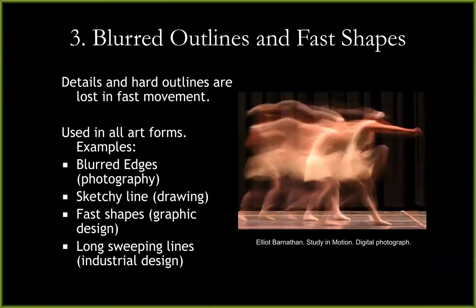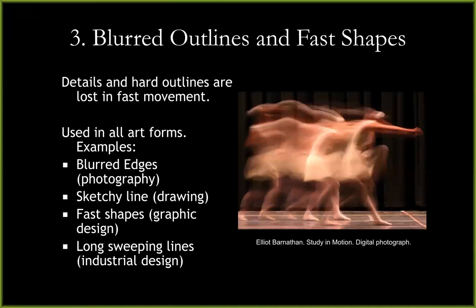You can use blurred outlines and fast shapes. When you are watching something that is moving fast, you lose the details and you lose the hard outlines. Here we have a dancer, and this is a series of photographs, a study in motion.